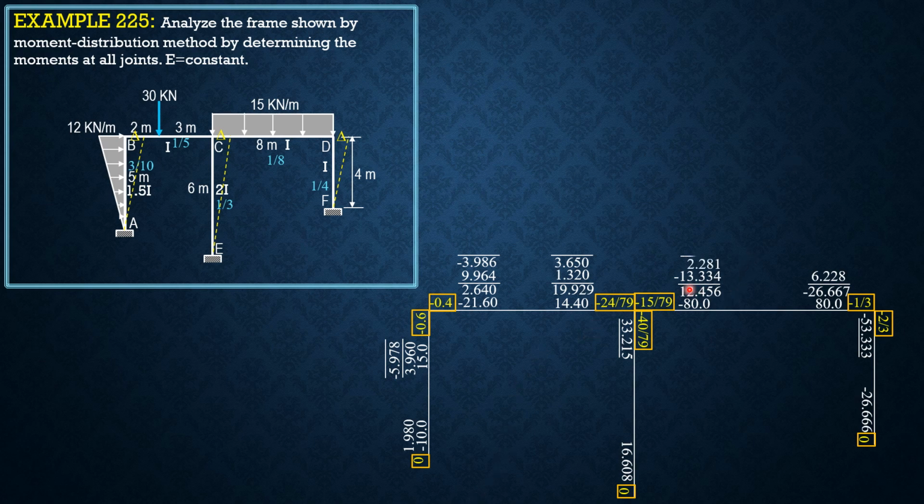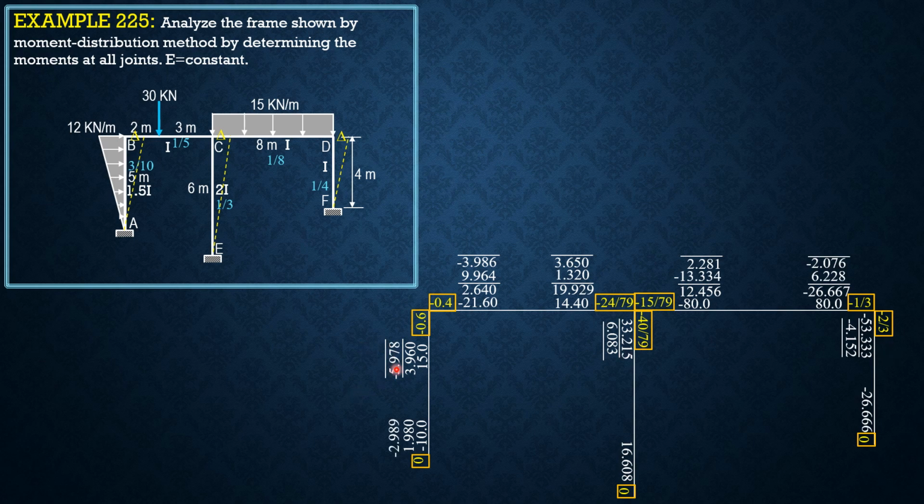Same quantity times negative 15 over 79, 2.281. Same quantity times negative 40 over 79, 6.083. 6.228 times negative 1/3, negative 2.076. 6.228 times negative 2/3, negative 4.152.